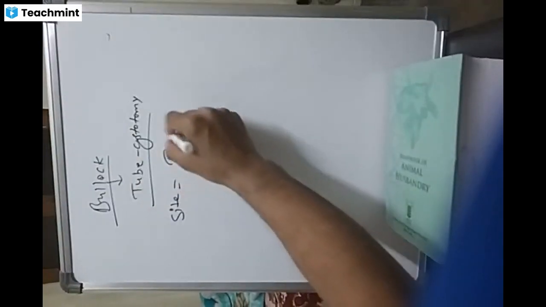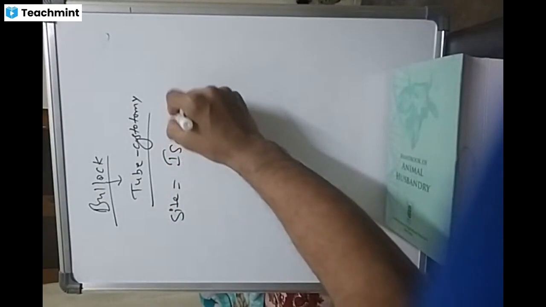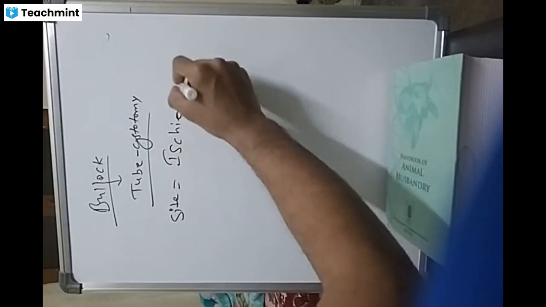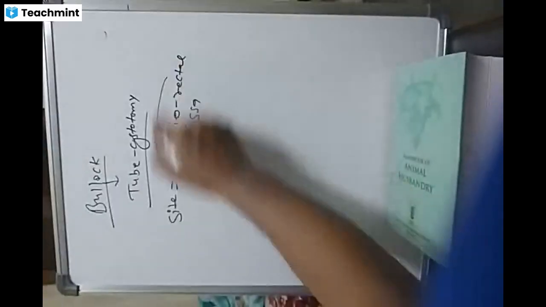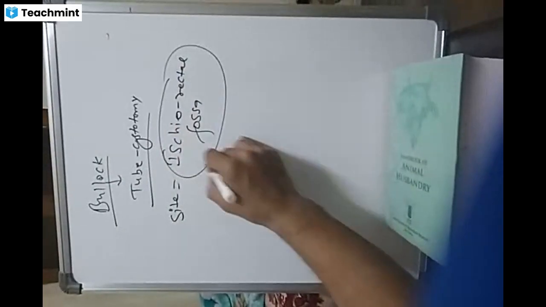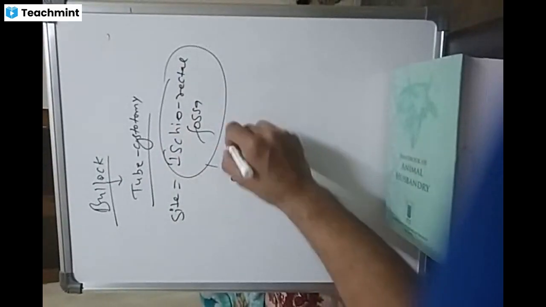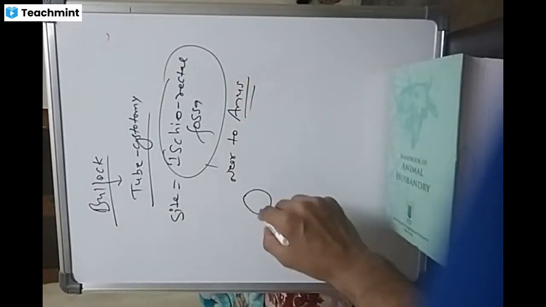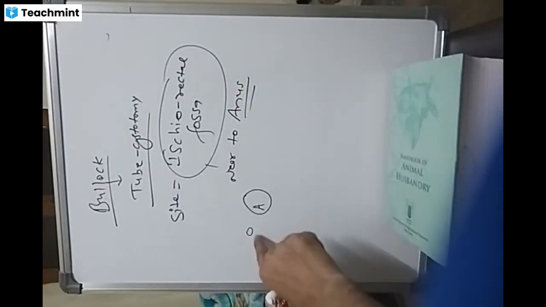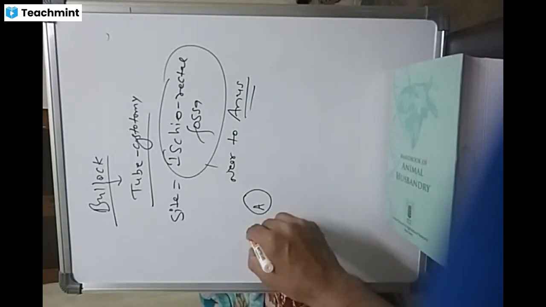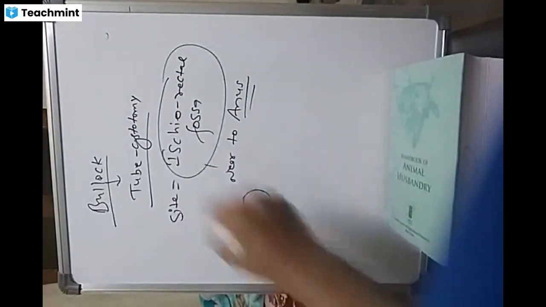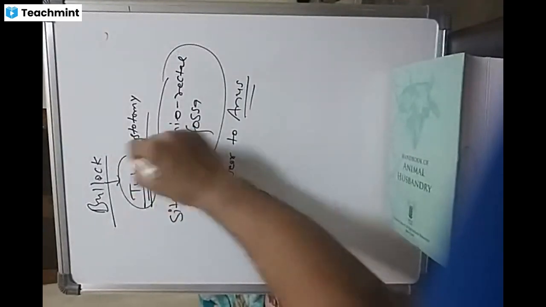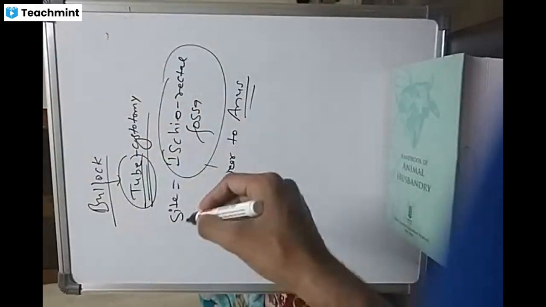The site is the ischiorectal fossa. This fossa is near the anus. This is the anus. Then here, this is the site where you enter and keep your tube, your Foley catheter.